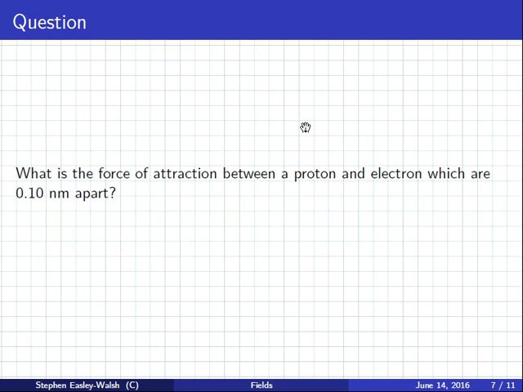Right, here's a small one for you to try. What is the force of attraction between a proton and an electron, which are 0.1 nanometers apart?